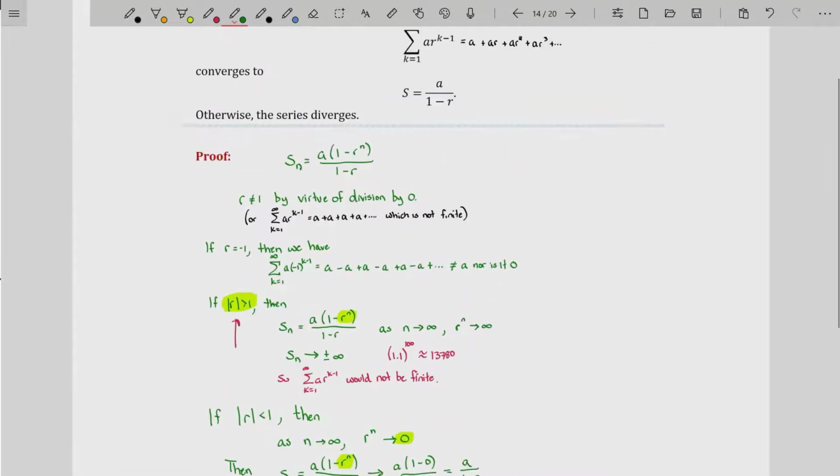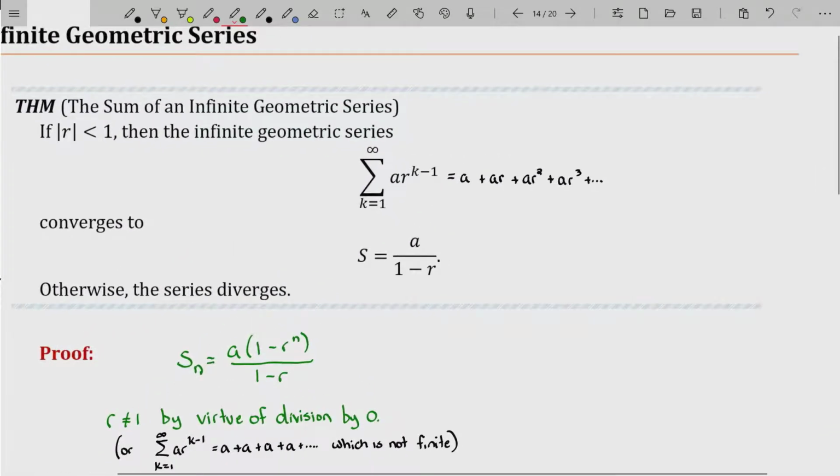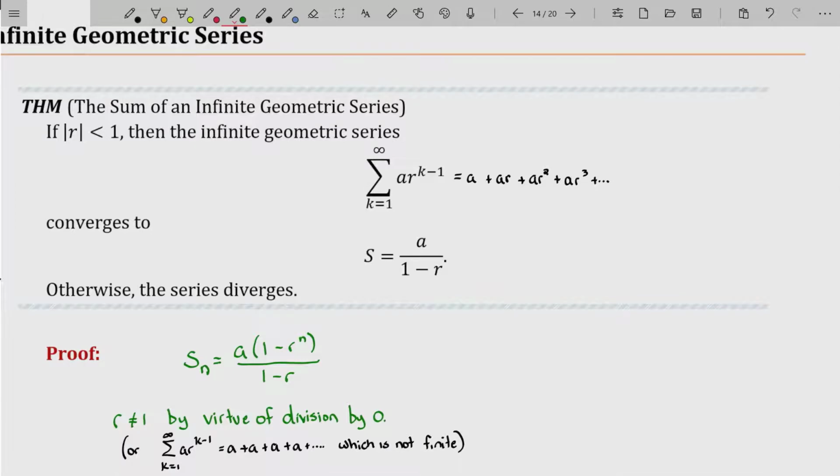While it is not really a great proof, because you need calculus, it's a pretty good justification that our series converges to a over 1 minus r, as long as the absolute value of r, the common ratio, is less than 1 in magnitude.